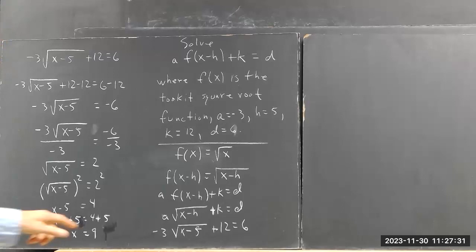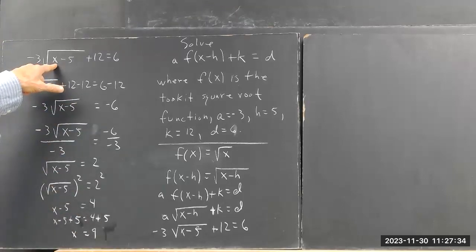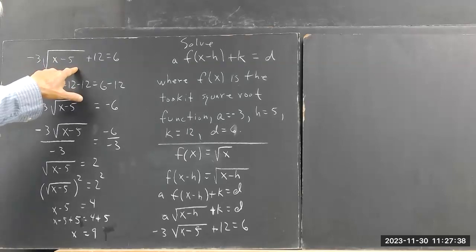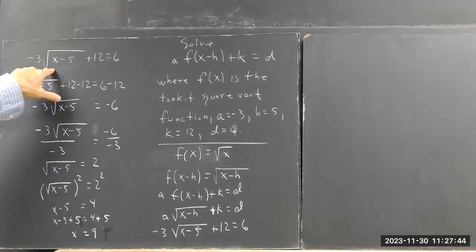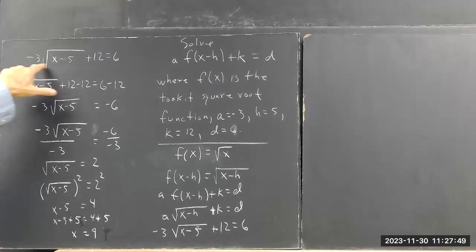Okay. Well, you should be able to then substitute x equals 9 back here. If you do, you get 9 minus 5. What's 9 minus 5? Show me with your fingers. Just make sure you're with me. And what's the square root of that? Yeah. And what's -3 times that?